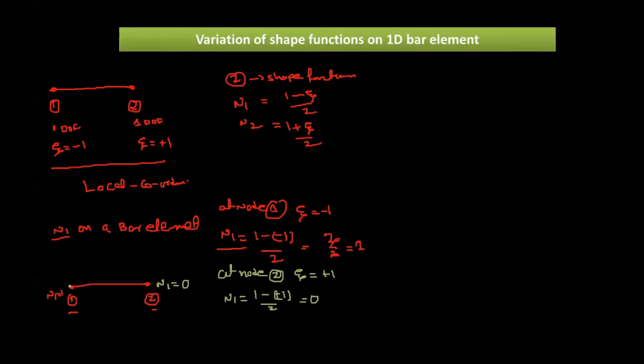So at nodal point 1 the value is 1, let us say this height is unit 1, and at nodal point 2 it is equal to 0. Joining these two points gives the variation of the shape function throughout the element. So this is a plot of shape function N1 throughout a bar element.